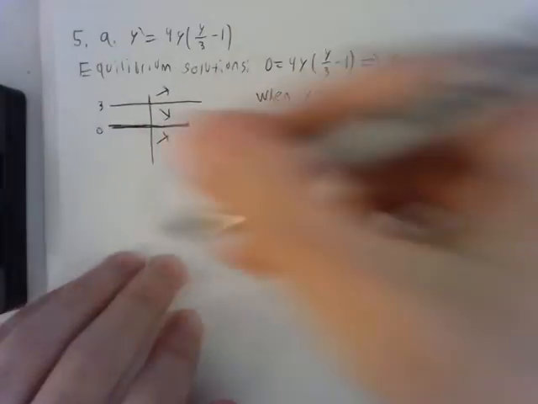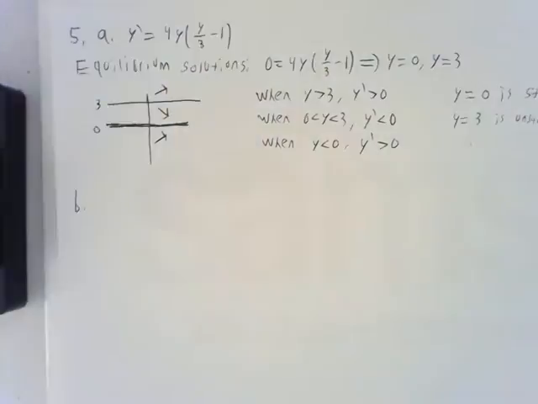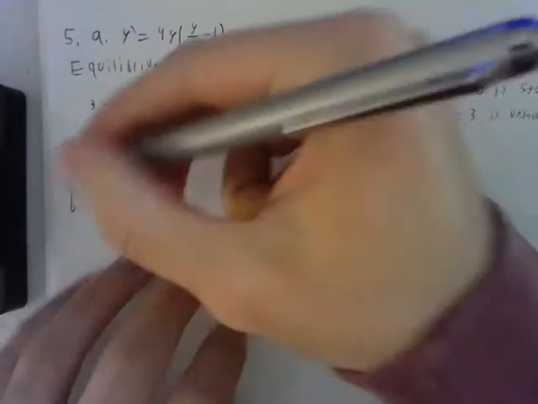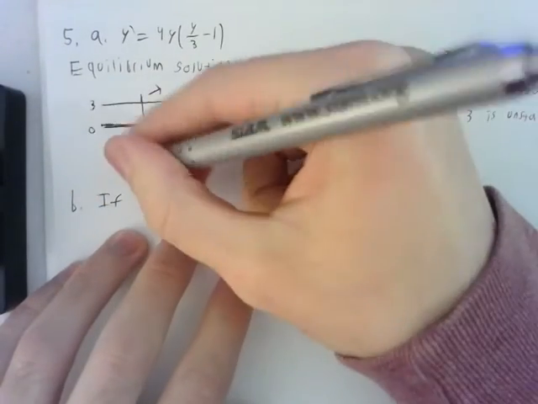Now in part B, we're asked what happens to the solution y depending on the initial condition. We can reason as follows.